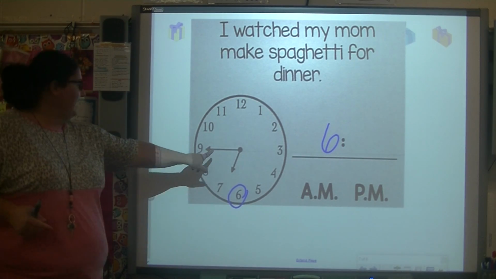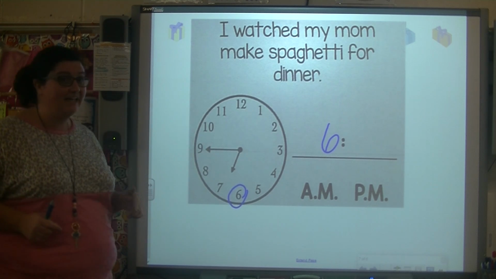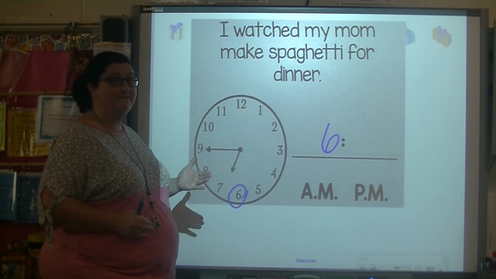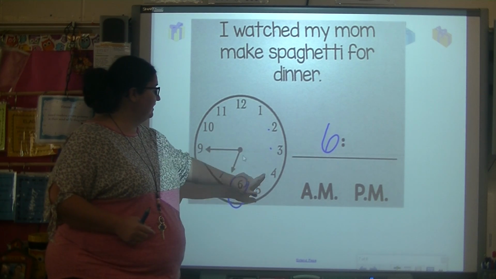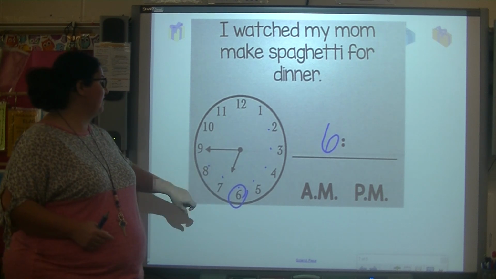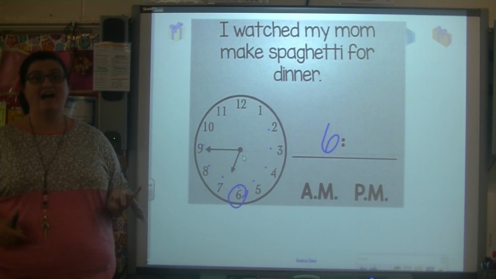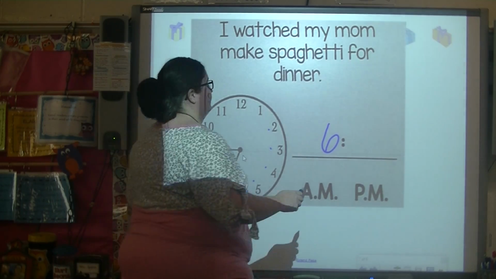Now, our minute hand is going around. It's all the way to the 9. Let's count by 5s and figure out how far. 5, 10, 15, 20, 25, 30, 35, 40, 45. What time is it? 6:45.